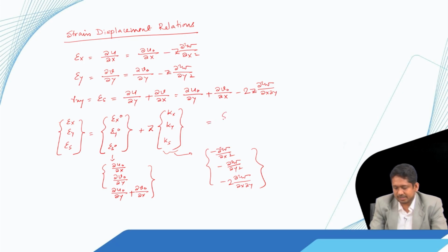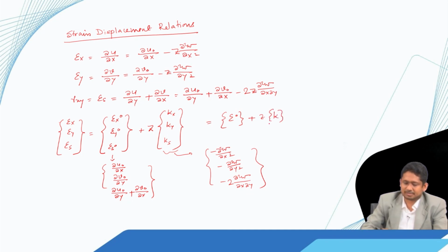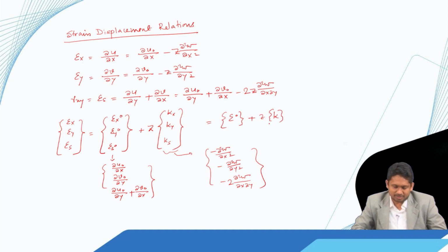If we combine them, it looks like this: epsilon 0 plus z into this vector kappa. So, this is our strain displacement relation, using which we will do the further development.